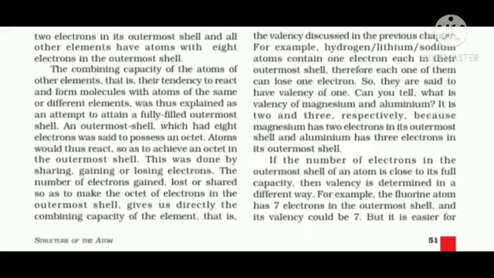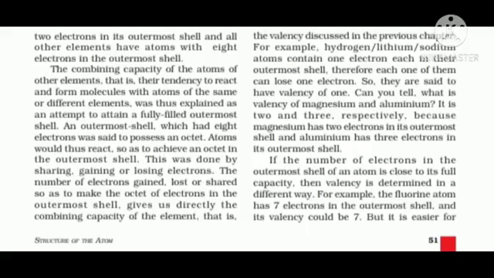Similarly, magnesium contains 2 electrons in the outermost shell, so it is easy to lose 2 electrons. So valency is 2. Aluminium has 3 electrons in the outermost shell or orbit, so it easily loses the 3 electrons to attain the octet configuration. So the valency of aluminium is 3.